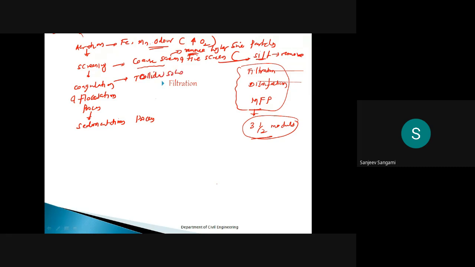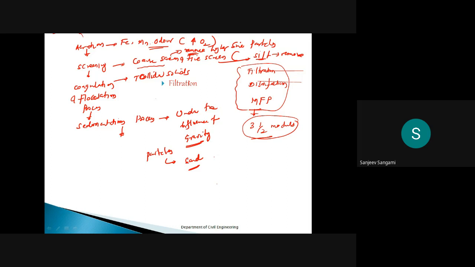Even sedimentation removes the remaining solids under the influence of gravity, where the particles are going to settle, particles like sand.